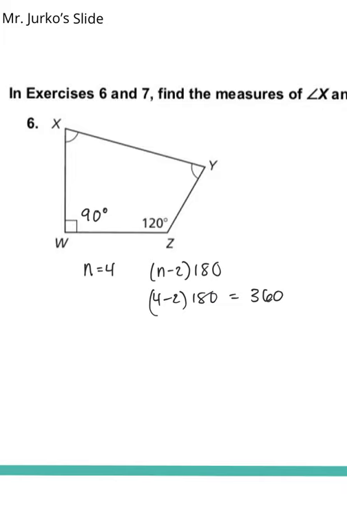Oh, I did it a different way. How'd you do it? I added W and Z together and subtracted it from 360. Okay, so you did 360 equals 90 plus 120 plus angle X and angle Y. And then 90 plus 120, you got 210?